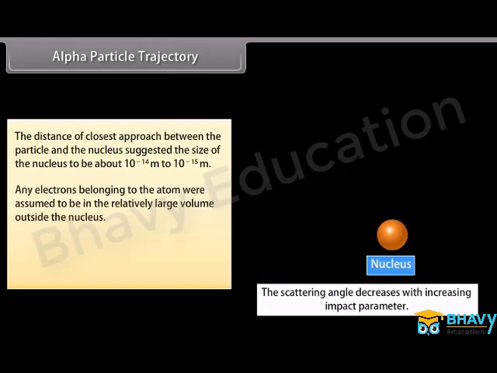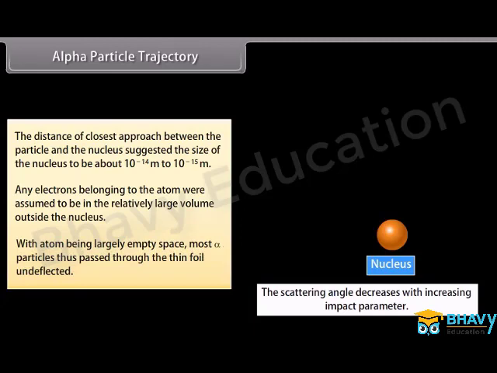Any electrons belonging to the atom were assumed to be in the relatively uncharged volume outside the nucleus. With the atom being largely empty space, most alpha particles thus passed through the thin foil undeflected.